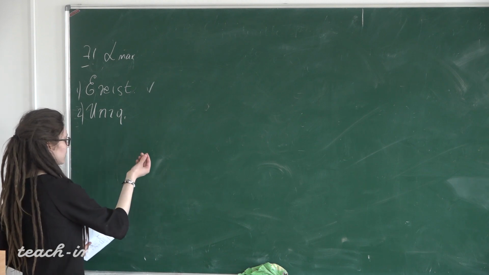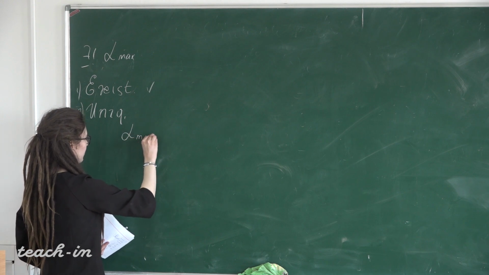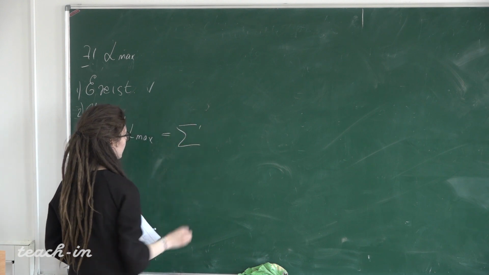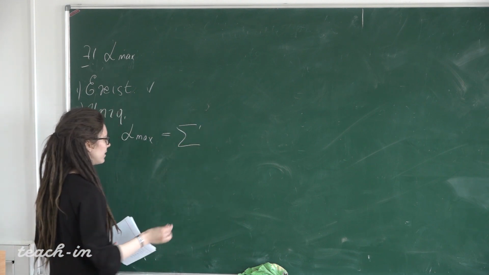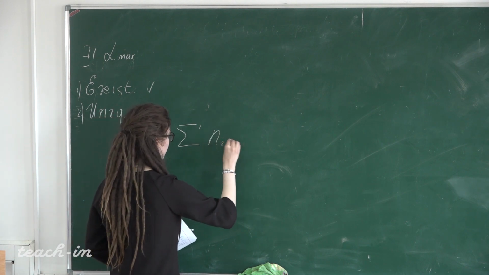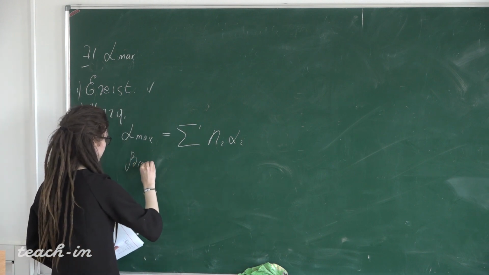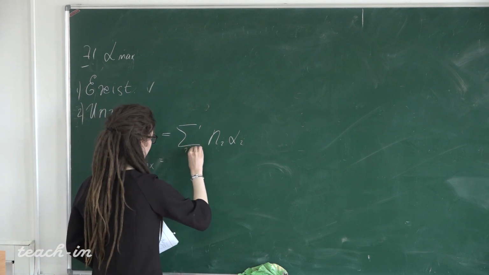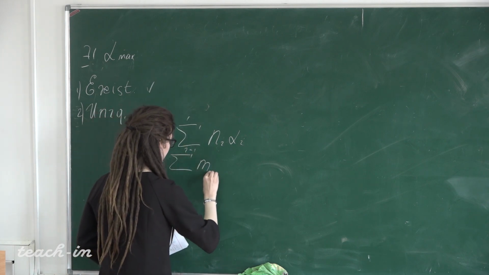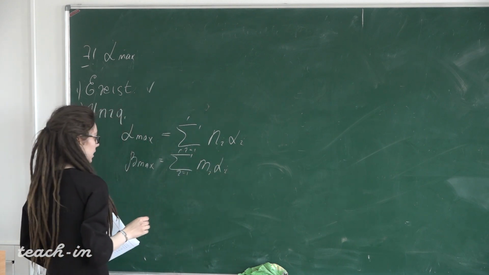Okay, with uniqueness, we will construct a contradiction and assume that we have alpha max expressed through simple roots. It will be something like the sum of n_i alpha_i, and the same for beta max, just with other coefficients m_i alpha_i.